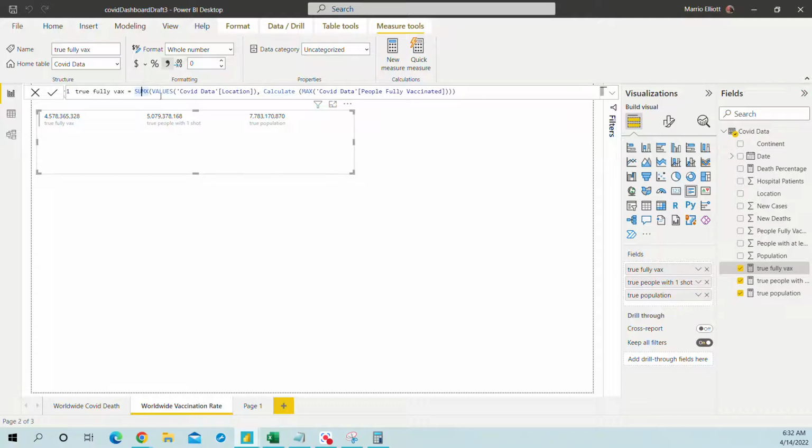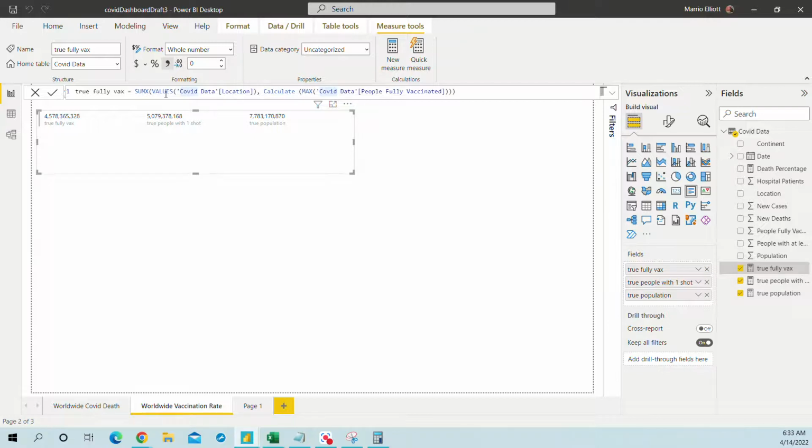In the first part of the SUMX, we're using the VALUES function, which says, look at my COVID data table and look at the location column. VALUES brings back each unique value, so each individual country in the location column is unique. So we bring back each country.